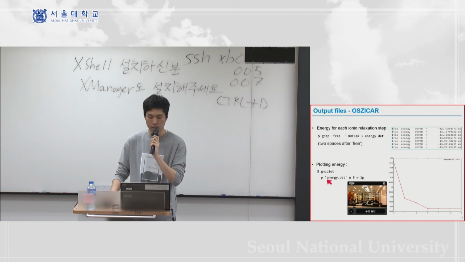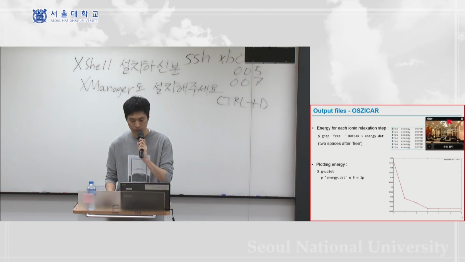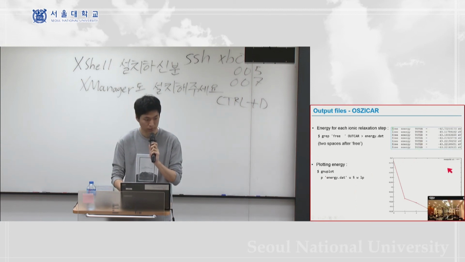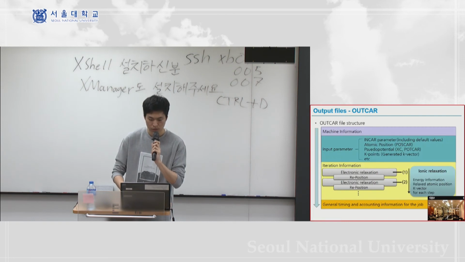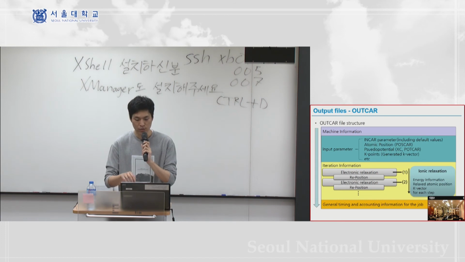So if you write this command, you can see graphs like this. And there is a lot of information in the OUTCAR file. So if you have time, you can look inside the OUTCAR file and see which informations are there.